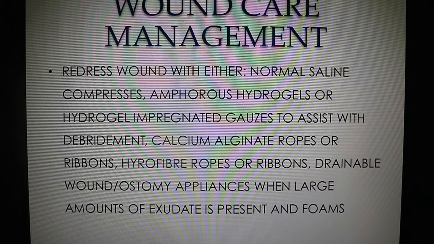So absorbent or protective secondary dressings will also be required for most wounds, as we need to protect that surrounding skin from becoming macerated and having further deterioration of the wound.